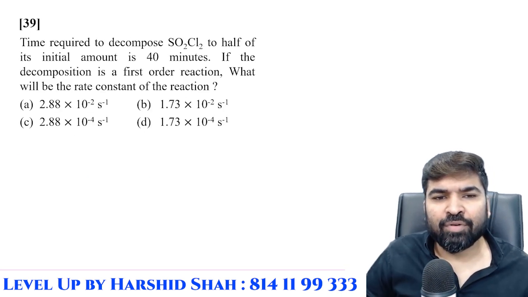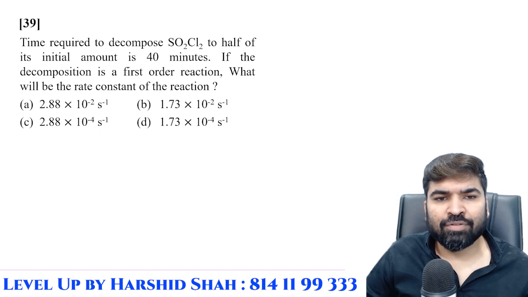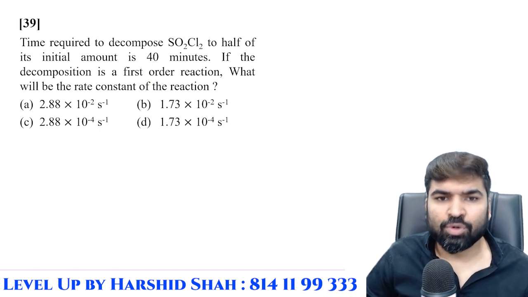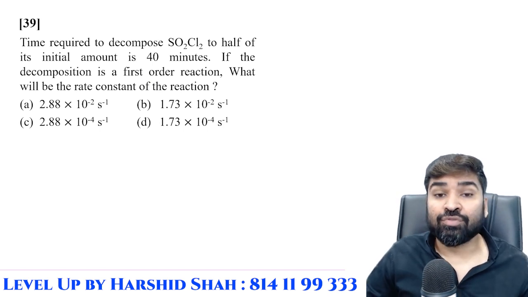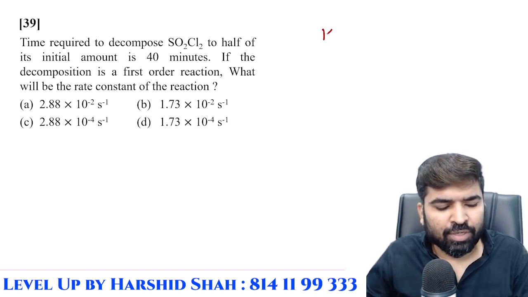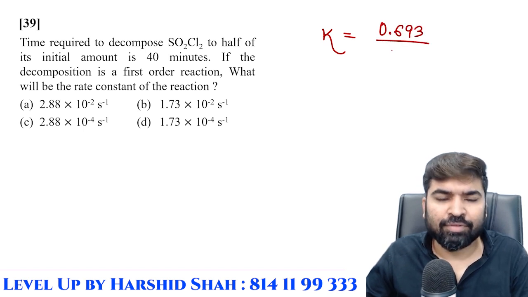The time required for decomposition of SO2Cl2 to half of its initial value is 40 minutes. Okay. If the decomposition is of first order, what will be the rate constant? Easy question. आपको K पूछा है. K is equal to 0.693 upon the half-life, and the half-life is 40 minutes, right? The question is asked in second inverse.